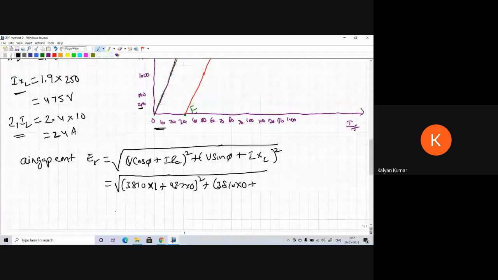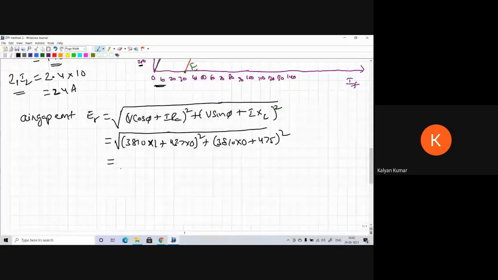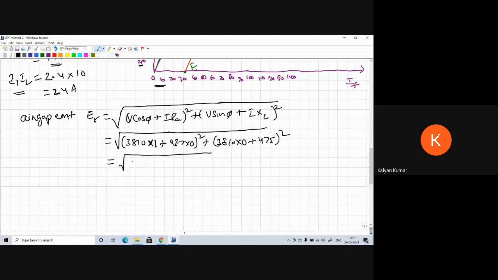We need not separate the IXL value; whatever value we got here, 475, whole square. So the sin phi term is 0 and we can eliminate it. Only 475 square remains, and we get the value as 3839 volts.